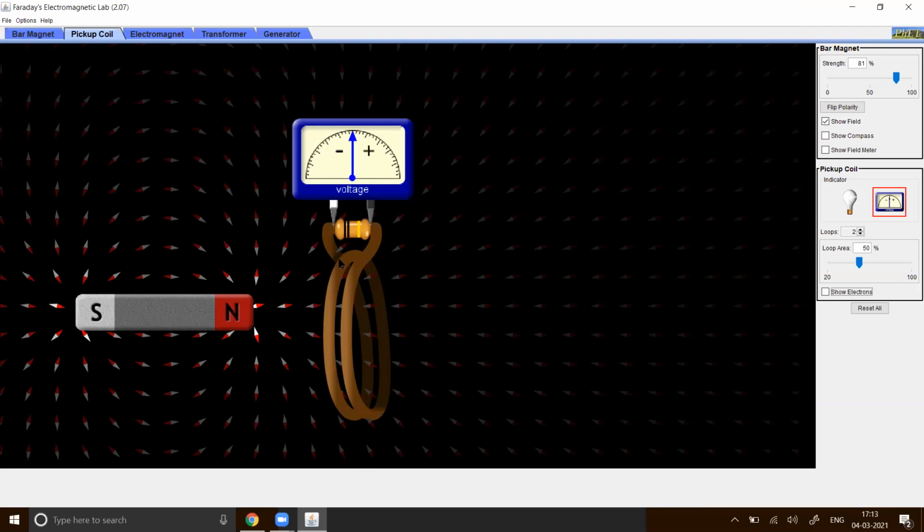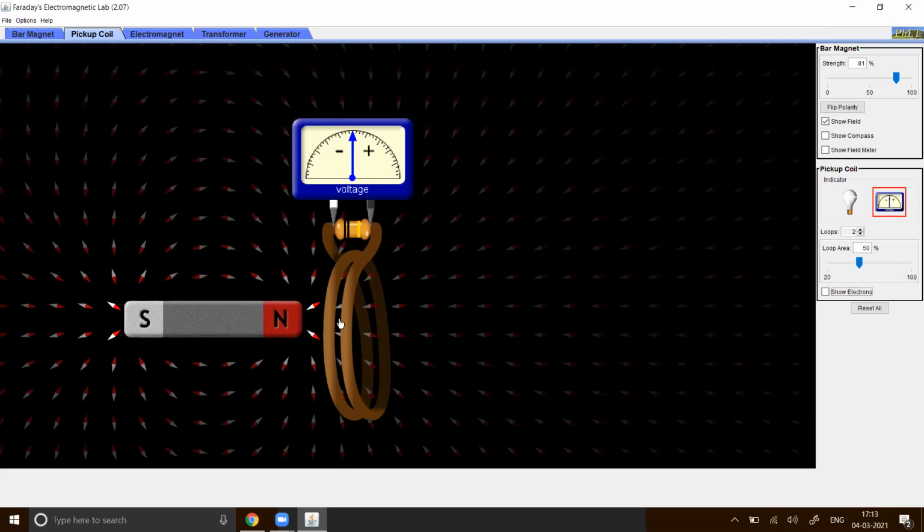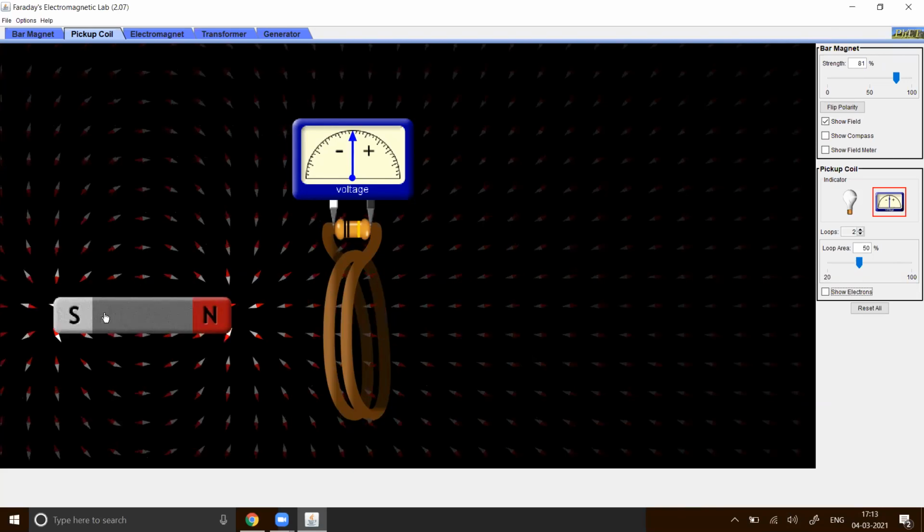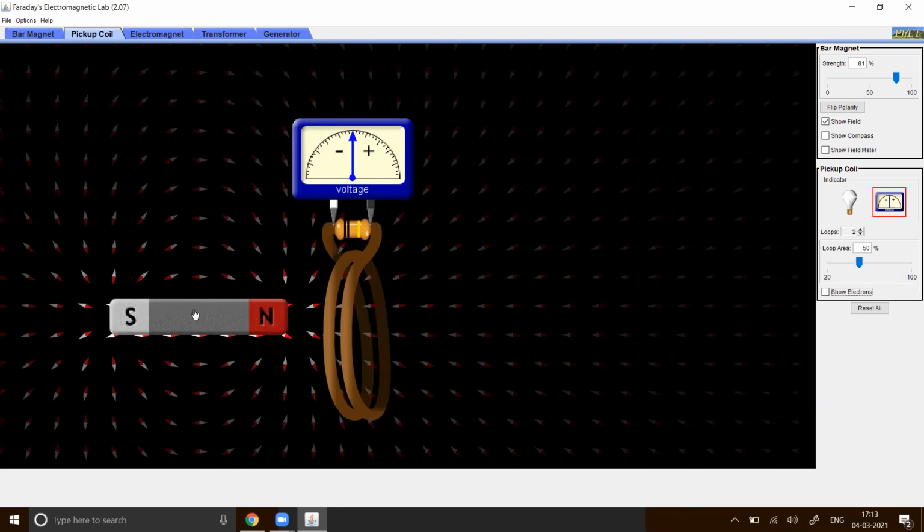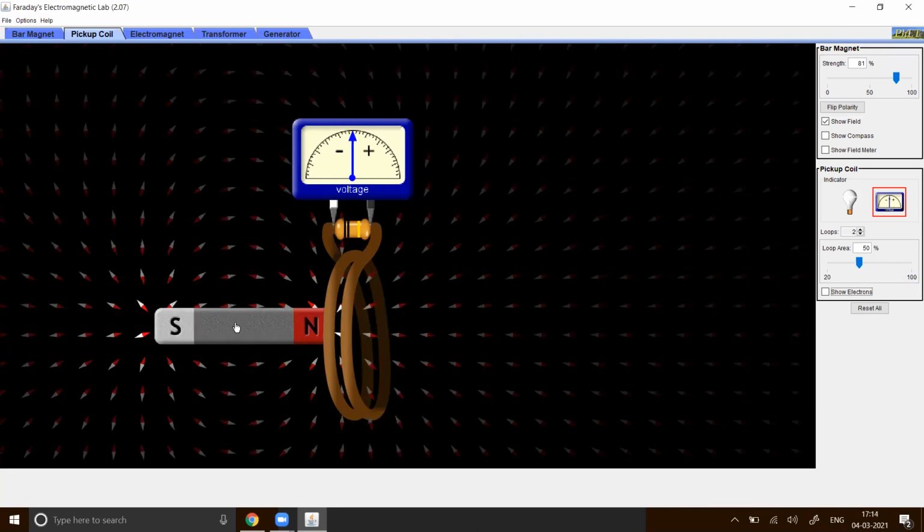Okay, now I have a coil, I have a magnet in my hand. Look at the way I'm going to move it. I'm moving it close, and look at the galvanometer. What happened to it? The galvanometer started deflecting to the left. That is, when the north pole was taken close, it got deflected to the left.